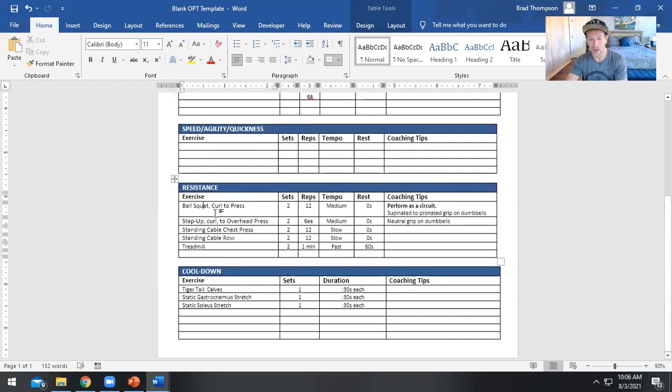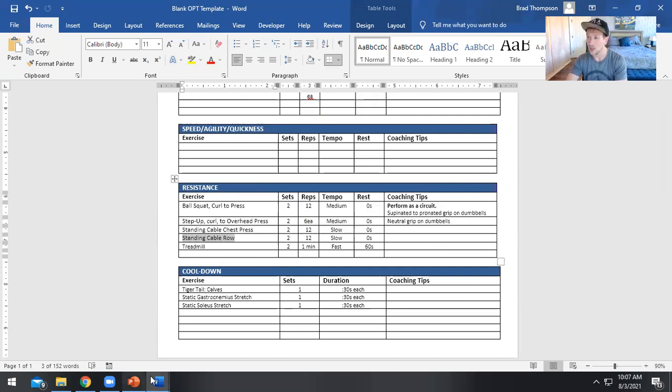Knock out this, I like a circuit style. I did build the straight sets the first time, but my favorite way to do this is a circuit. So if we did a ball squat, curl to overhead press, step up curl to overhead press, standing cable chest press, standing row, throw them on the treadmill for 1 minute, come back and start the whole thing over.